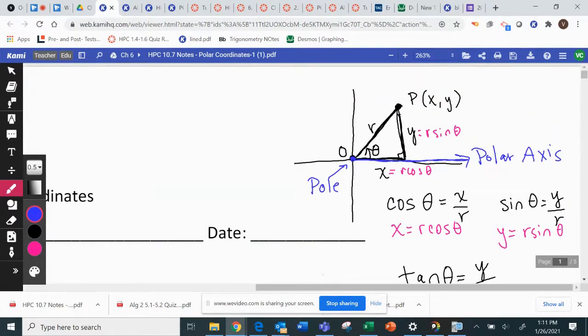Okay. All right. Now, to write an ordered pair in polar, I'm going to write this ordered pair P, but I'm going to write it in polar. So to write it in polar, our first coordinate is R, and our second coordinate is theta. So really fat theta.